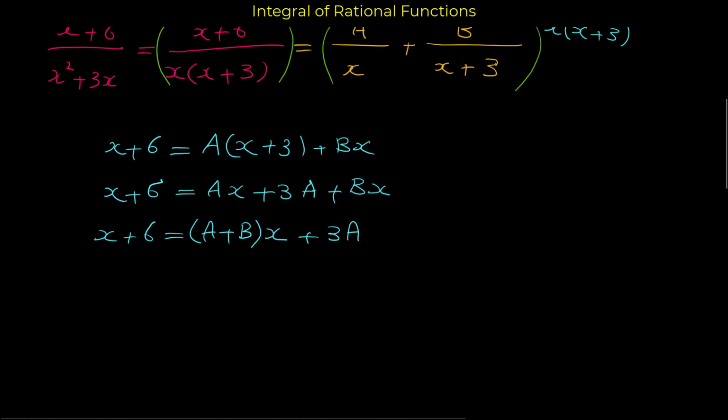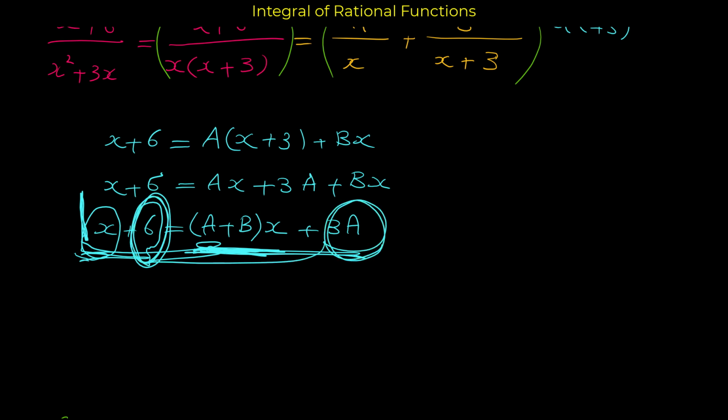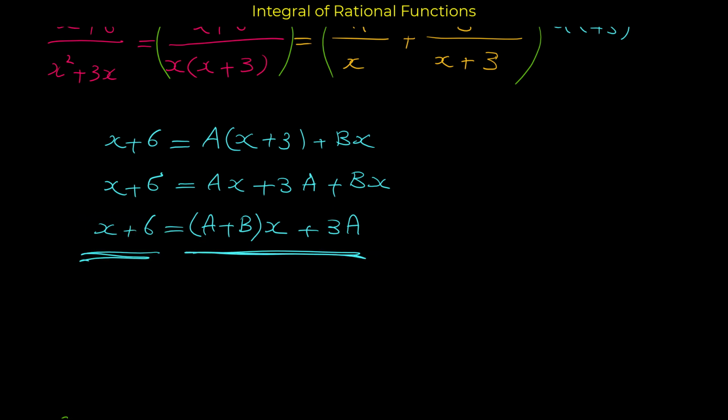Now, we compare the left side with the right side. And we equate the coefficient of x in the left side, which is 1, with coefficient of x in the other side. And we equate the constant in the left side with the constant in the right side. This is the way that we can find A and B.